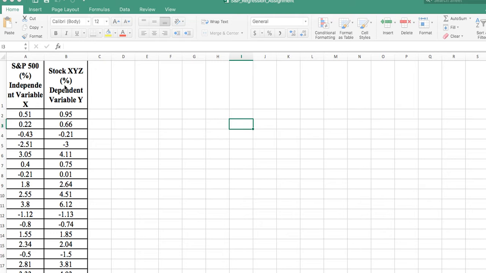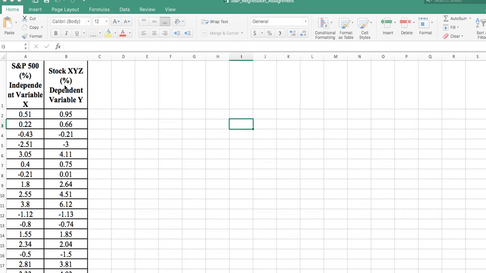In this case, we're using simple linear regression; simple simply means I'm only dealing with one independent variable, or predictor variable. Keep in mind that predictor variable and independent variable are one and the same thing. So that's my underlying objective: is there a mathematical model that I can use to forecast the price of XYZ?